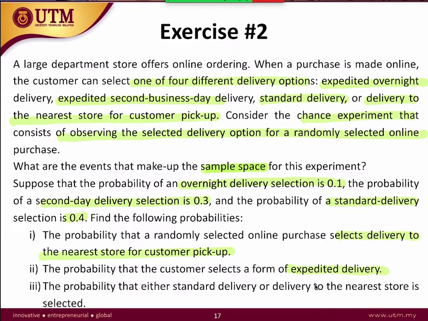So take note of how many expedited deliveries we have. The third is the probability that a customer chooses either standard delivery or delivery to the nearest store. So we wanted to know the probability of a customer choosing either one of these delivery forms. All right, so that's the question.